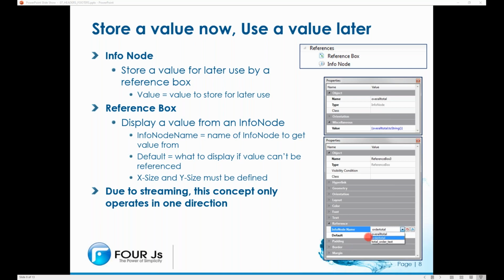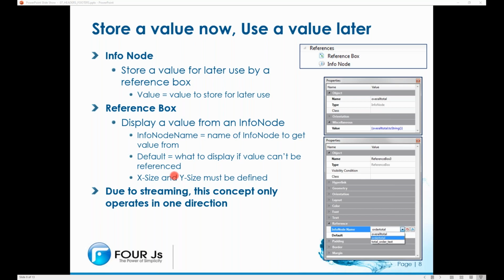My next row gets read in. I can put a reference box on my report that says, this reference box, I want you to print the value I have saved in this info node, the info node that I named overall total. Due to streaming, this concept operates only in one direction, and it's only good for that 1 row.